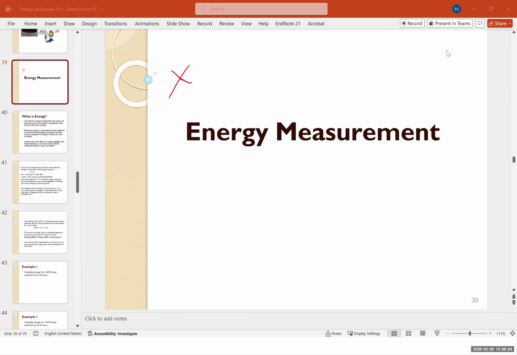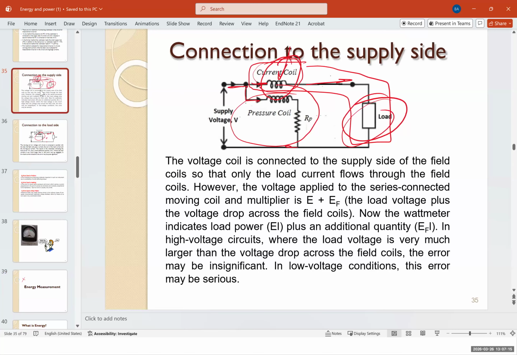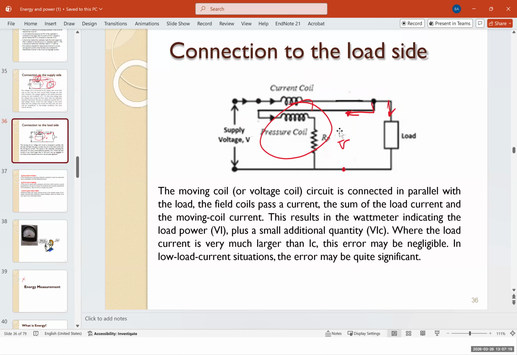And for power measurements, we usually need two tools. We need an ammeter and a voltmeter. Sometimes they call it a wattmeter. It's combined. Sometimes it's separate. You have to do it yourself. And there are different ways to connect the ammeter and the voltmeter. The voltmeter could be in parallel with the ammeter and the load, or the ammeter could be in series with the voltmeter and the load.